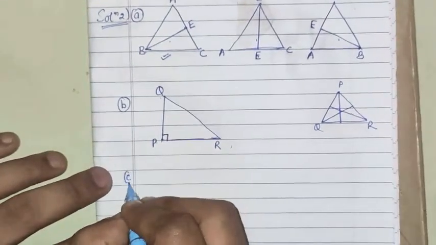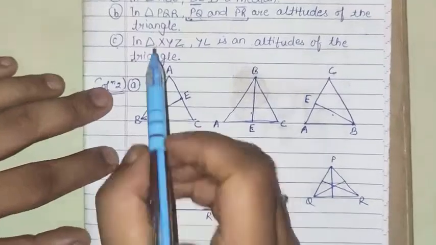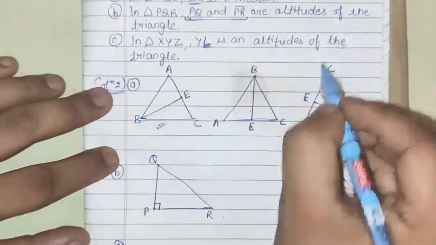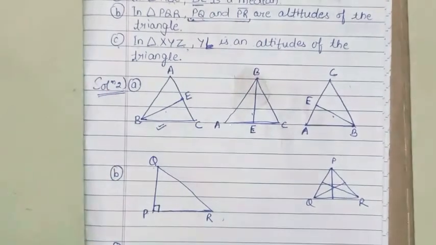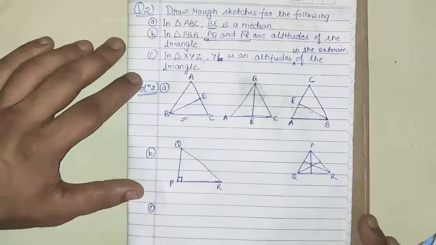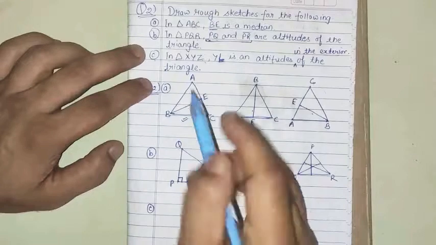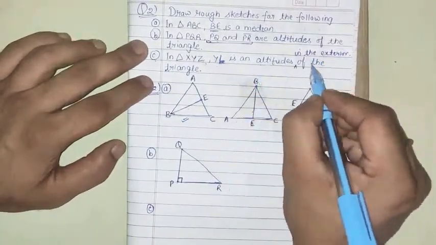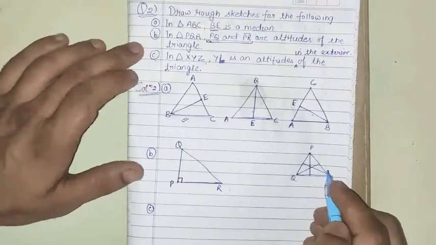See part C. In triangle XYZ, YL is an altitude of the triangle, in the exterior of the triangle.